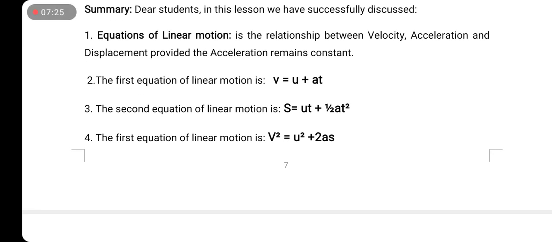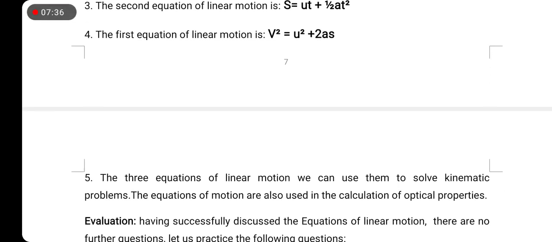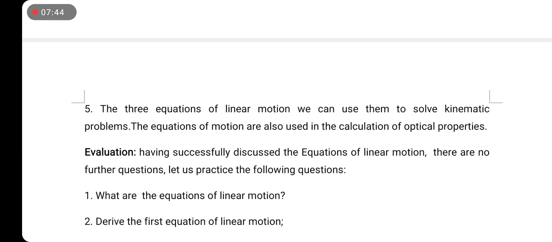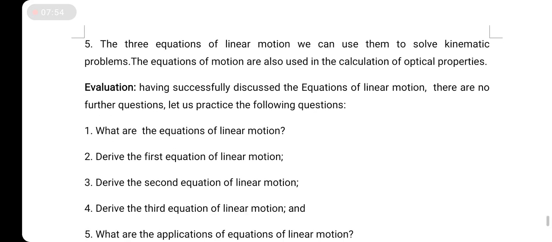The second equation of linear motion, which is S is equal to UT plus half AT squared. 4. The third equation of linear motion, which is V squared is equal to U squared plus 2AS. 5. The three equations of linear motion can be used to solve kinematic problems. The equations of motion are also used in calculation of optical properties.